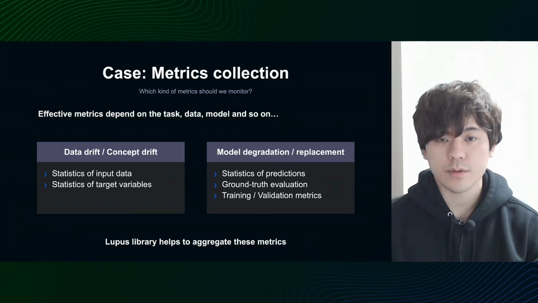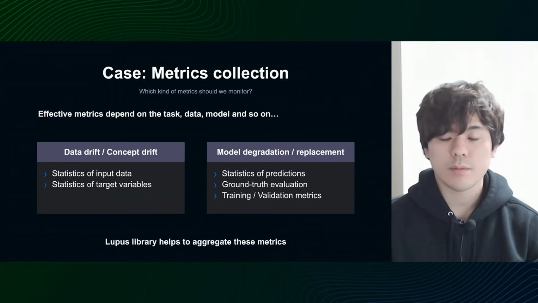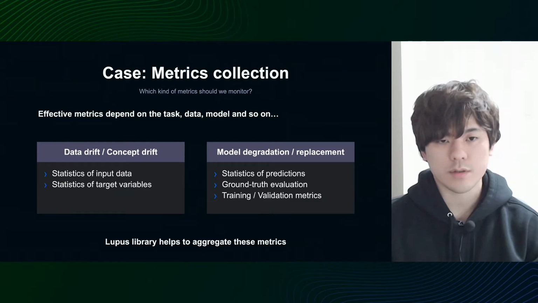In data drift, where the input data changes, and in concept drift, where the objective variable changes, we can monitor the statistics to a certain level. It is also necessary to monitor the performance of the model to deal with changes such as model degradation and retraining. In addition to collecting statistics of predictions, performance evaluation using true values and metrics during model training are also useful. Let's look at some specific examples.